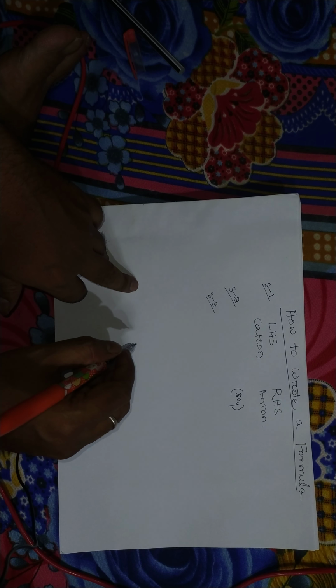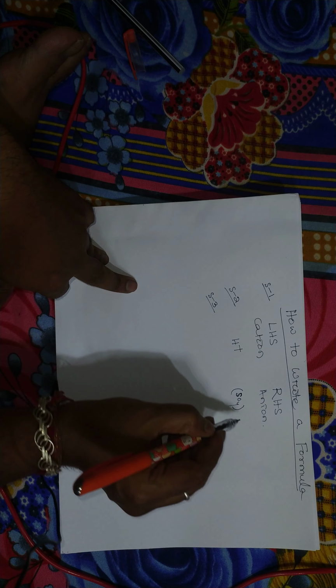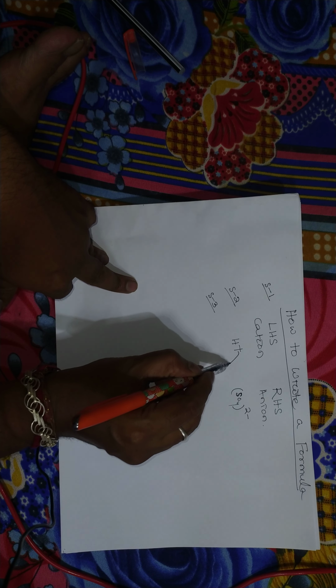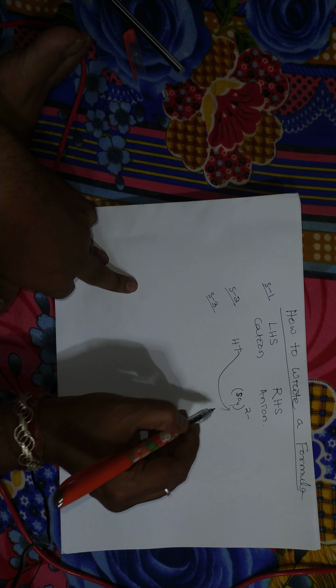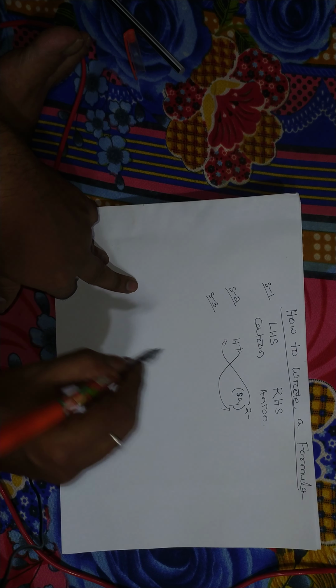After that, I will crisscross the charge. Suppose I am writing here H plus and sulfate contains 2 minus, then what I will do? Crisscross the charge. So this charge goes to sulfate and 2 comes to hydrogen.